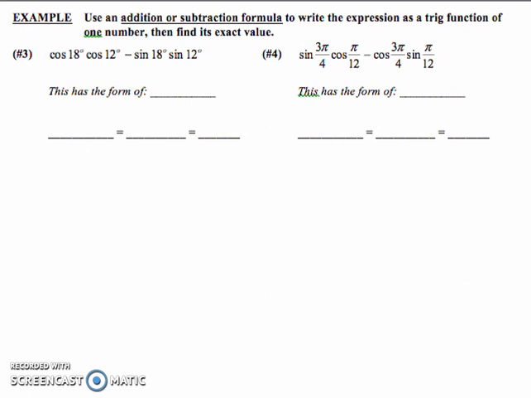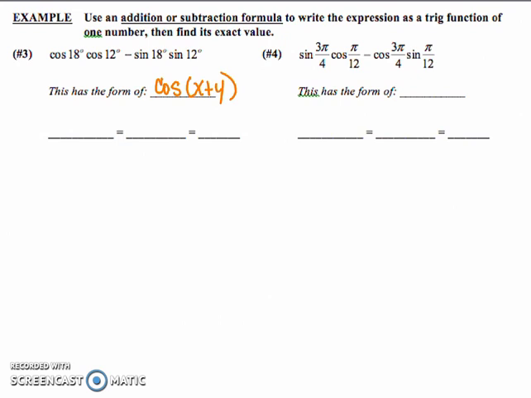Okay, so when I look at example number 3, I see a cos minus a sine. When you look at your identity sheet and your two possibilities for cosine, the one that looks like a cos minus a sine is the cosine of x plus y formula. So this has the form of cosine of x plus y.